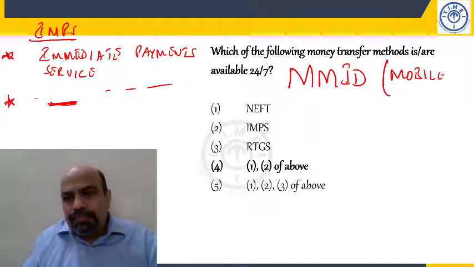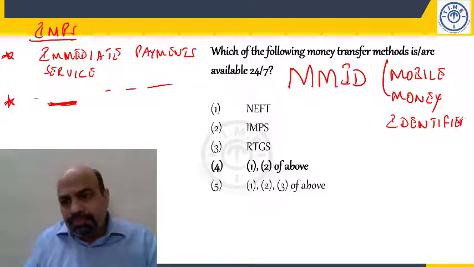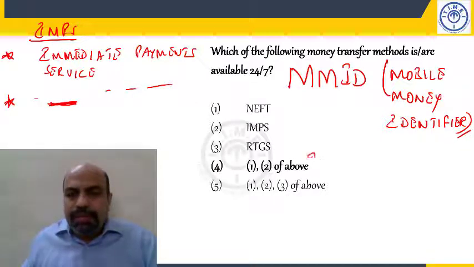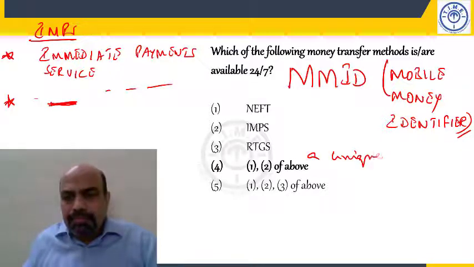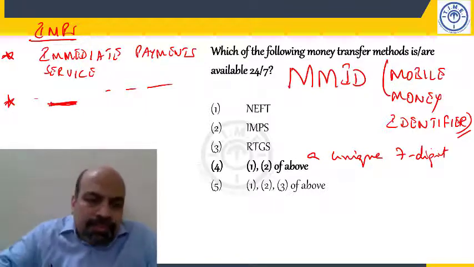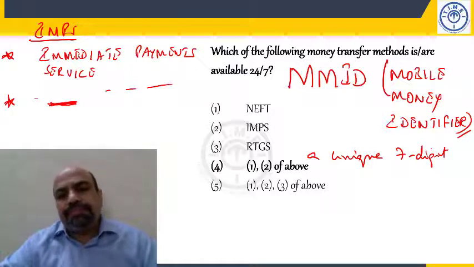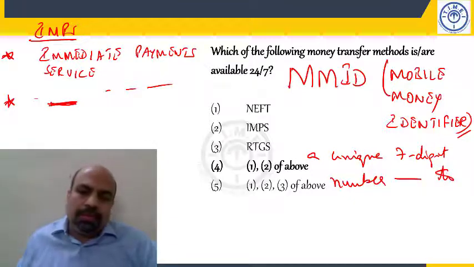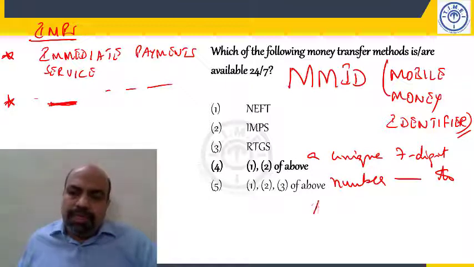Mobile Money Identifier, comma, a unique 7-digit number, dash, to transfer funds.